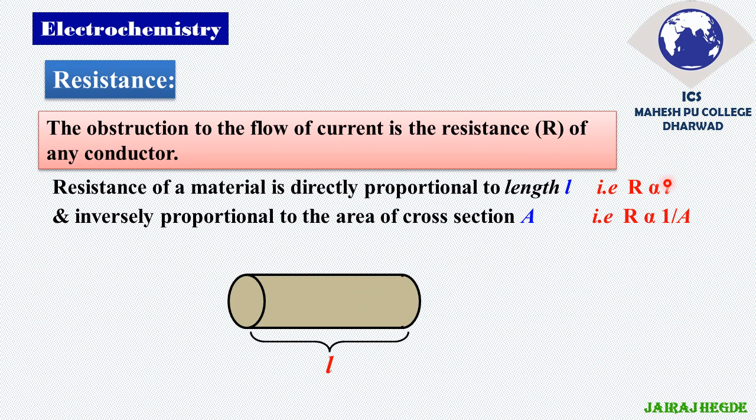So that's why R is directly proportional to length. Resistance is directly proportional to length of the conductor, and it is inversely proportional to area of cross section. Broader the passage, easily the electron can flow. Narrow the passage, difficulty in the flow of electrons, so higher will be the resistance.